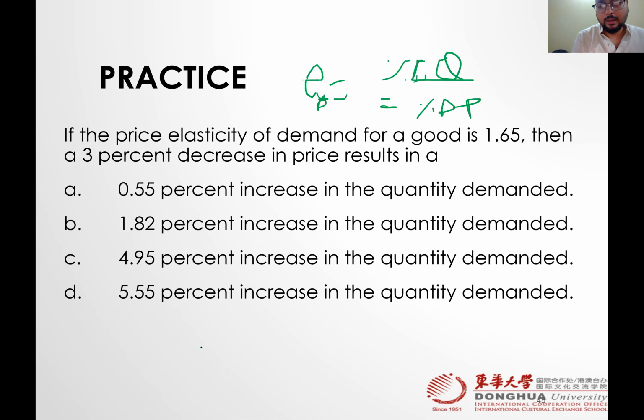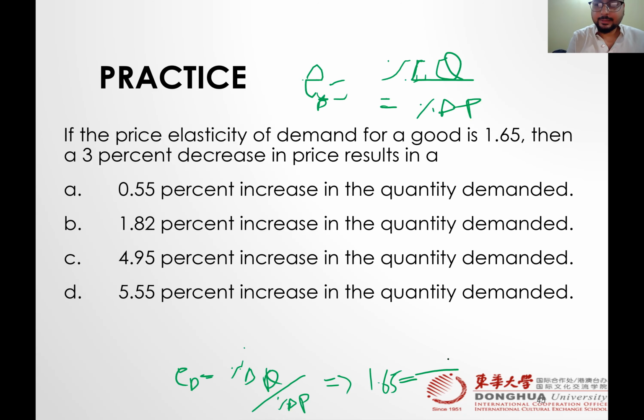So we have the formula. Elasticity of demand is equal to percentage change in quantity divided by percentage change in price. So just write down the answer here. We know that elasticity is 1.65. Percentage change in quantity we need to find out. All we need to do is write down 3%.